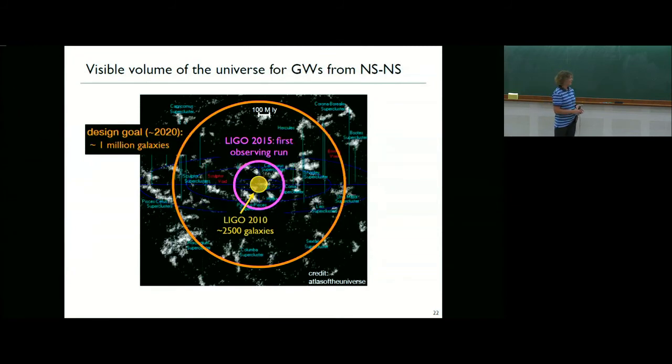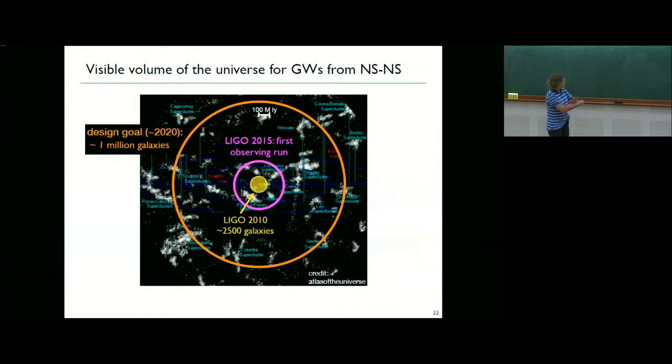And as you will probably hear next week, we don't expect too many sources to be in that volume, because we know a handful of neutron star binaries in the galaxy and nearby, but they're all at such large separation that they wouldn't merge within LIGO's band anytime soon. So we really need to be lucky and have a source that is close to merger within that volume.